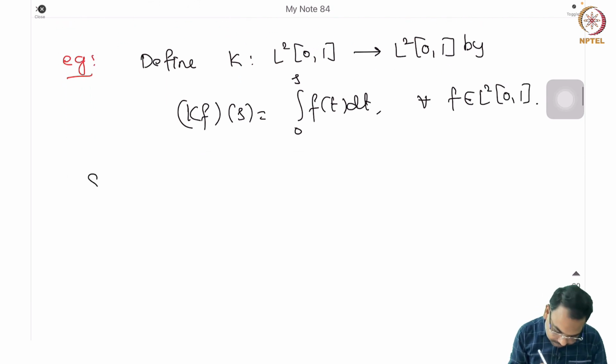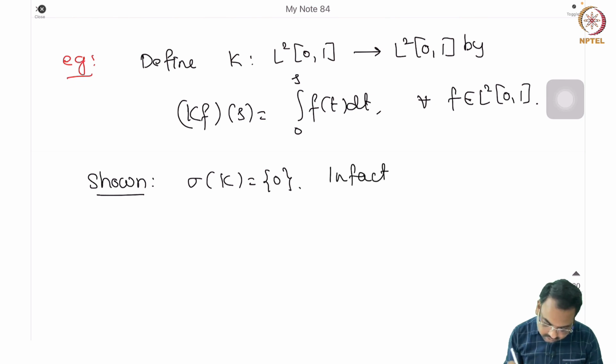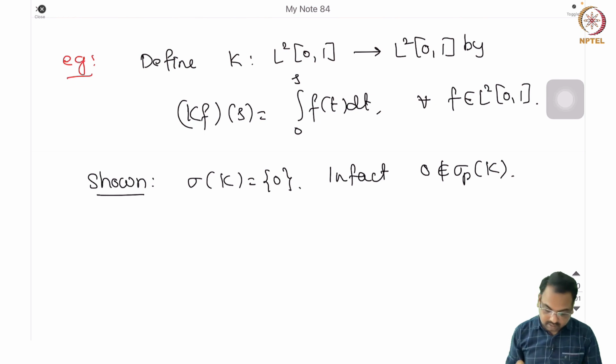So we have seen earlier that the spectrum of K is the singleton {0}. We have shown that the spectral radius of K is 0, and in fact we can show that 0 is not in the point spectrum by looking at the definition.